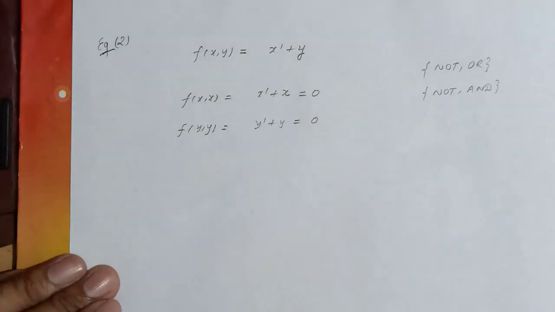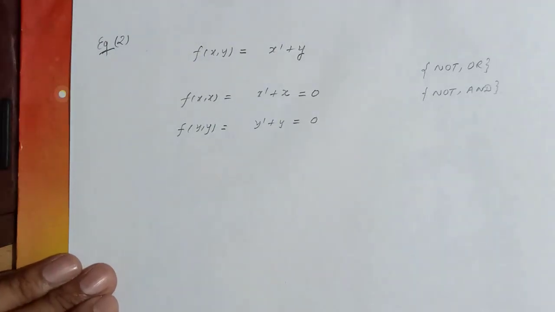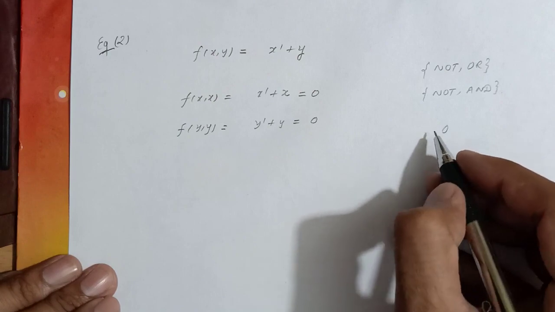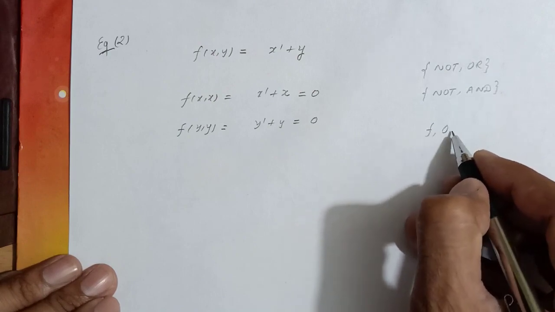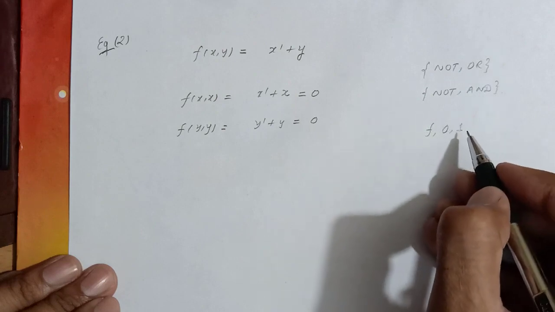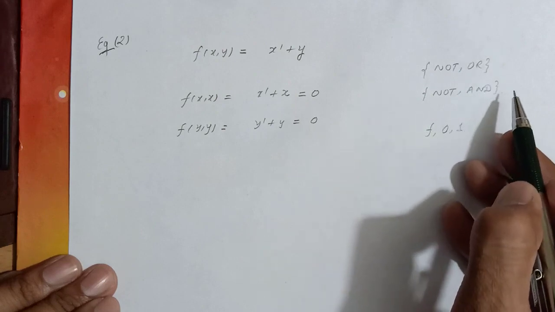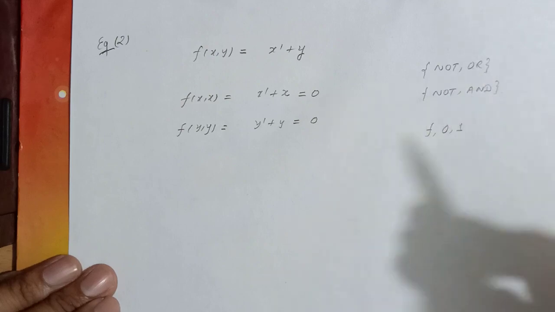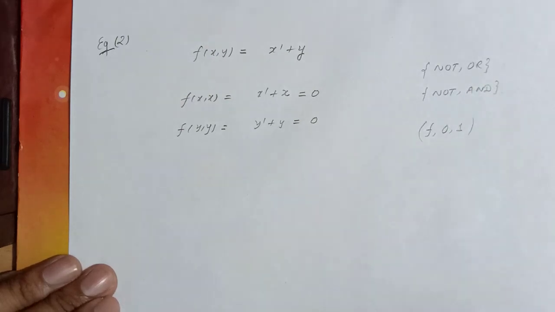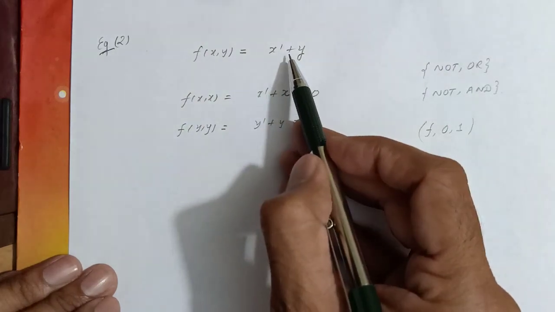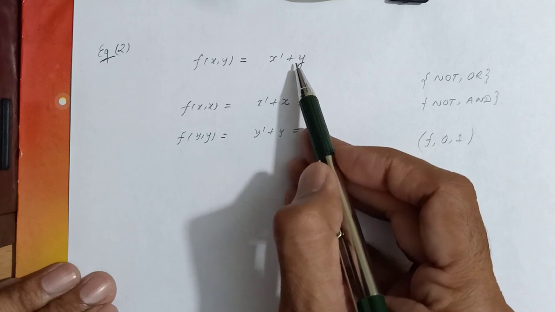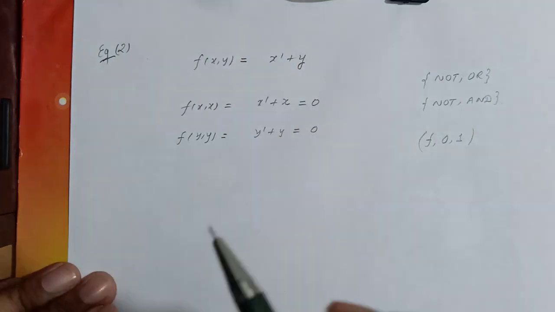So another thing is that we can take either 0 together with the function. We can take either 0 or 1 as input in order to generate some other functionally complete operation. Okay, so if somehow we make y as 0, we can easily get the x dash.